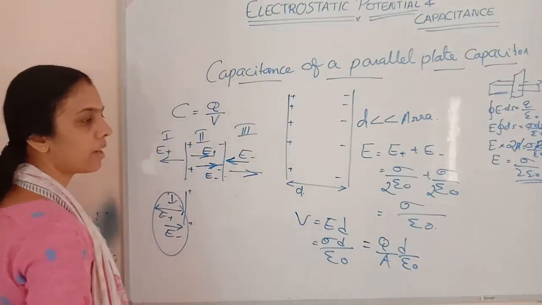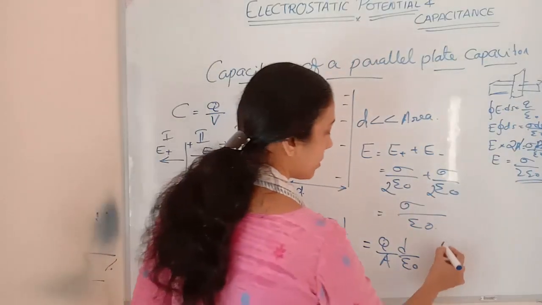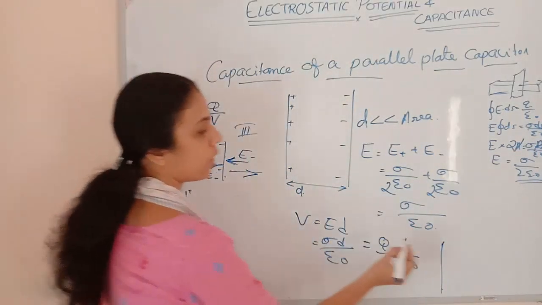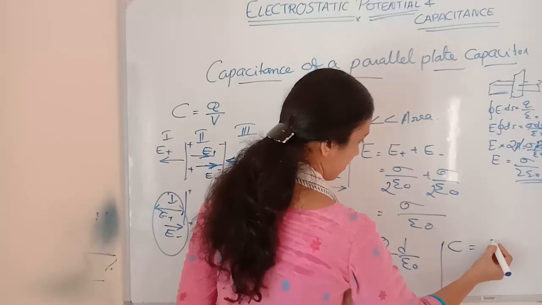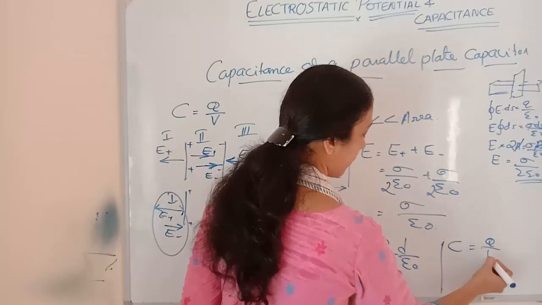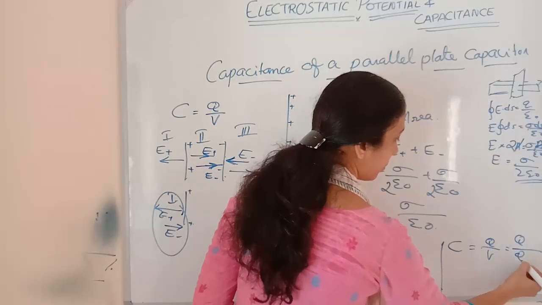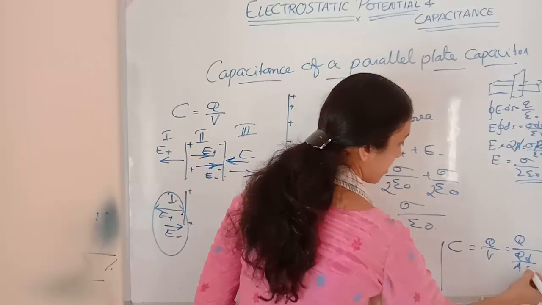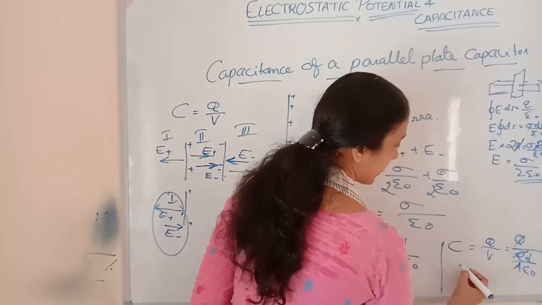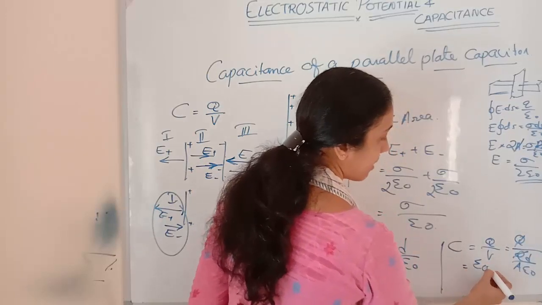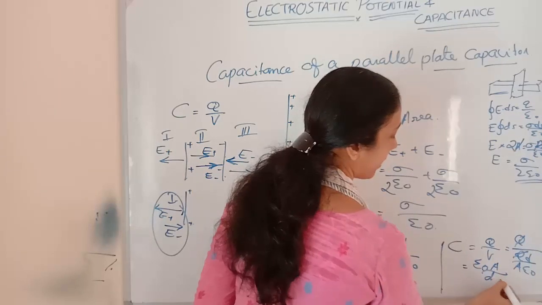Now we can find C. Our aim is to find C, right? C equals Q by V, that is Q divided by QD over A epsilon 0. Q and Q get cancelled, so we get epsilon 0 A by D.